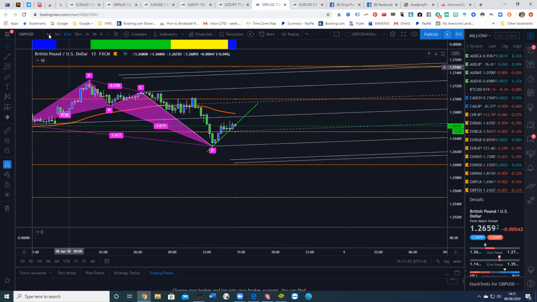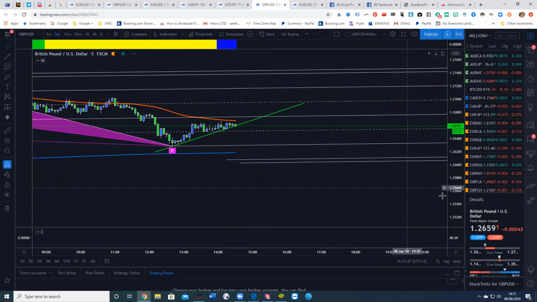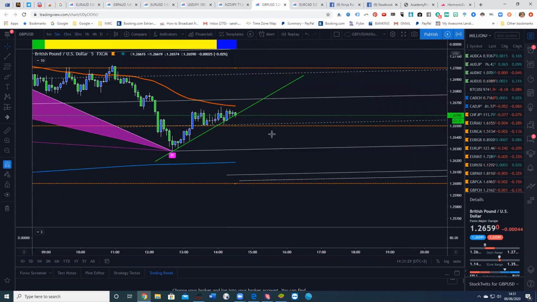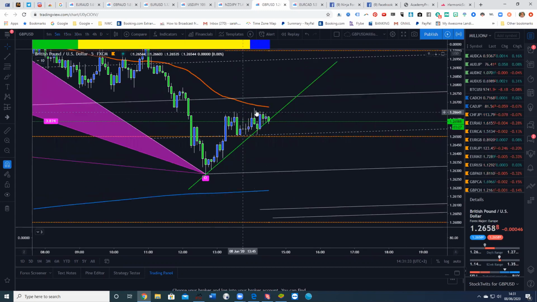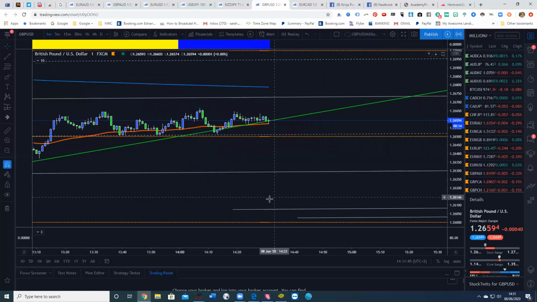That's the 15 minutes, just so you can see how you can see more detail as you go down the time frames. So at the moment, it's still under the 62 on the 5-minute, but it's continued to reject off both quarter theory and the pitchfork. And I'm going to put a slider bar on in a minute.